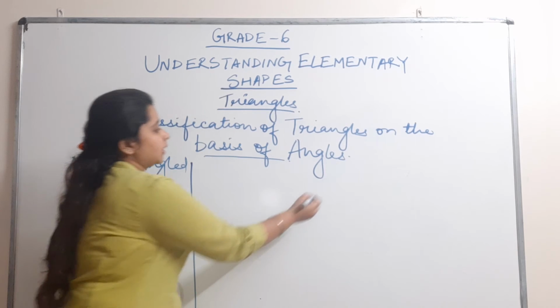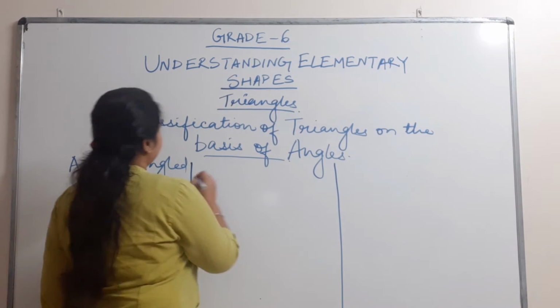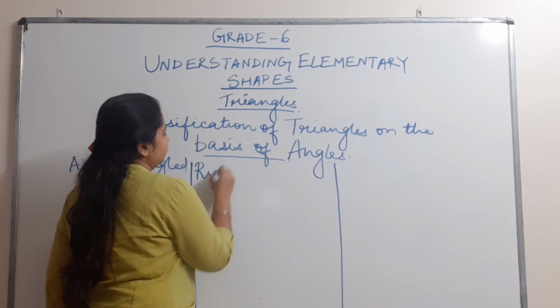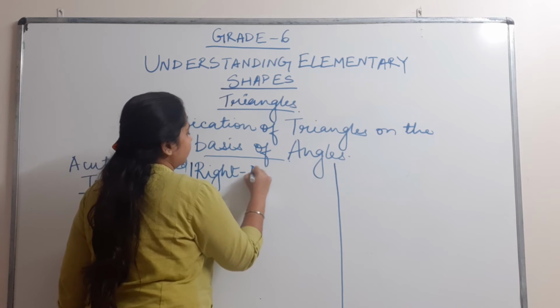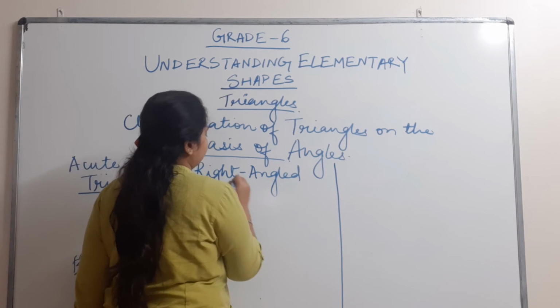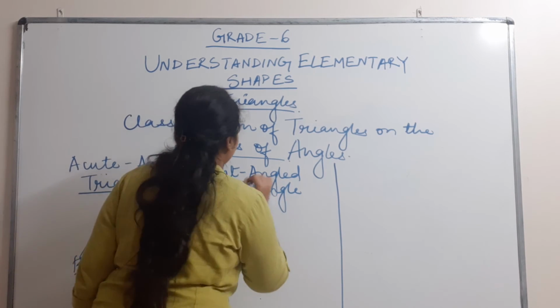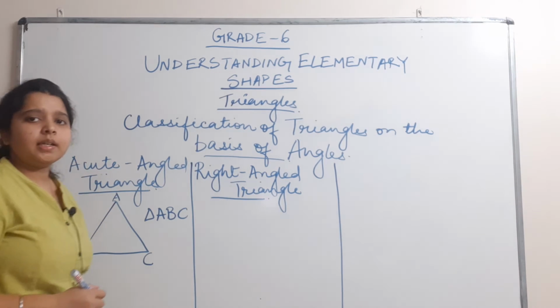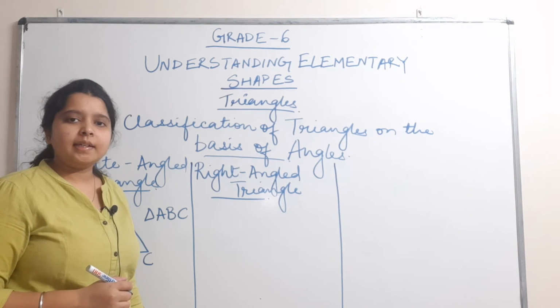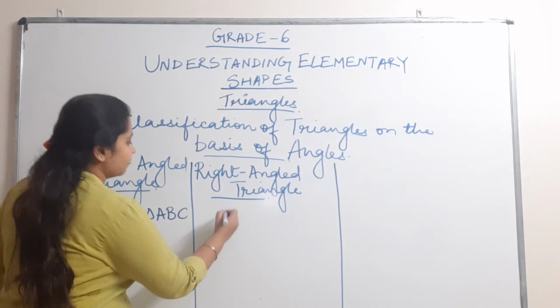The second one is right angle triangle. In this triangle, one of the angles of the triangle is right angle, that is 90 degree.